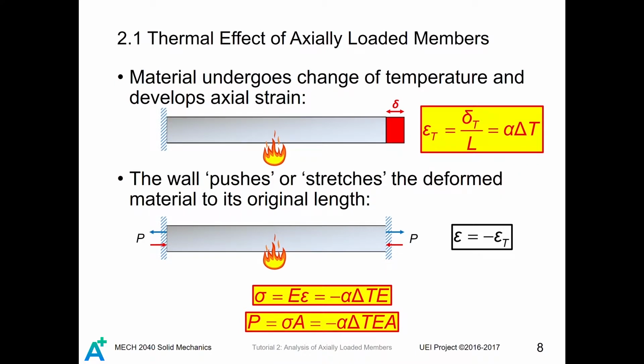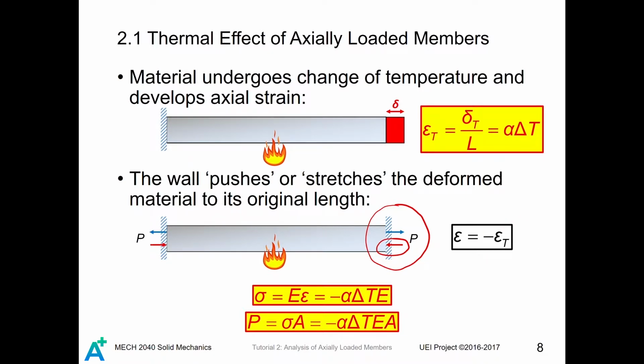By applying a clamped wall at the end of this bar, it prevents the bar from expansion. However, it will act a compressive load on this bar in order to put this bar to its original position.